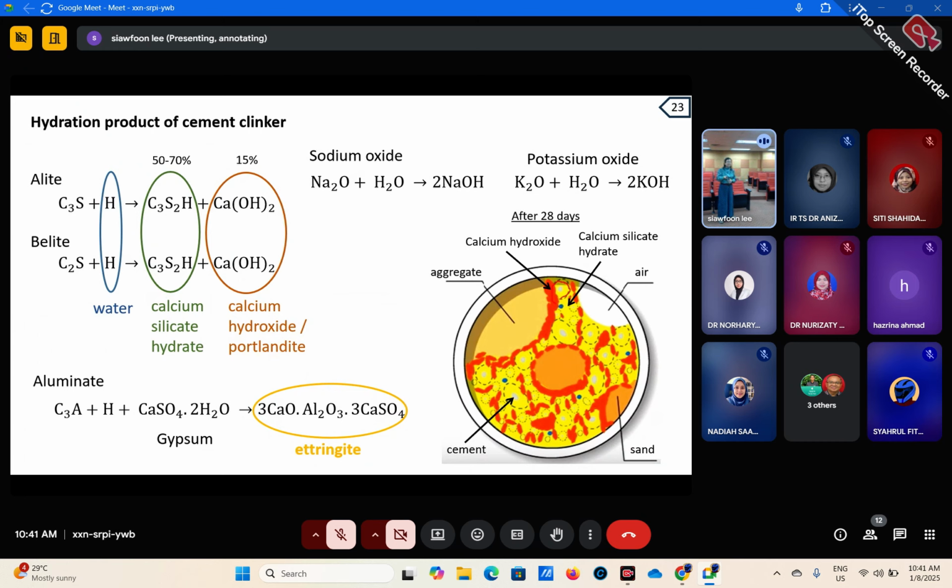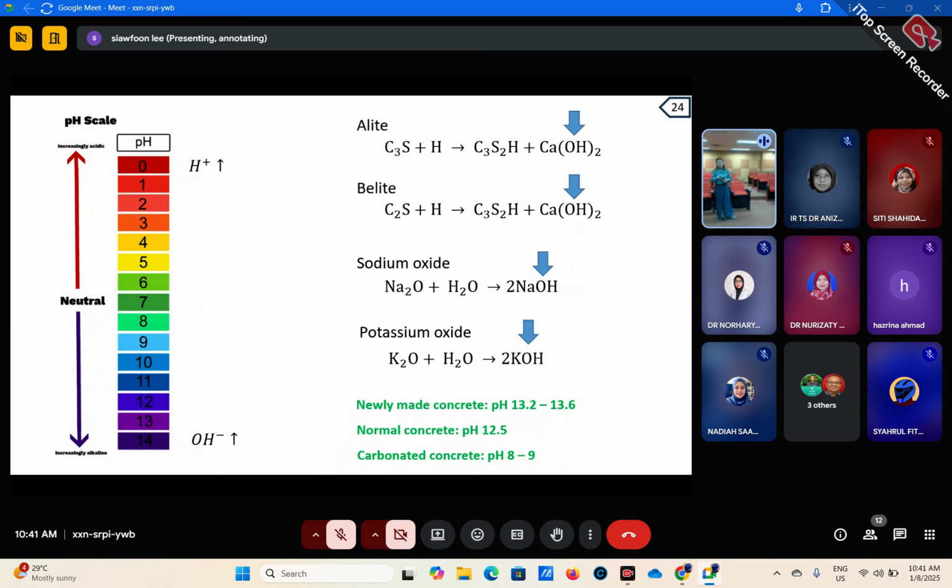So imagine this is the steel. So there will be one layer of calcium hydroxide surrounding the steel. Okay, and let's now go to the next slide. So what is the contribution of this sodium hydroxide and calcium hydroxide?